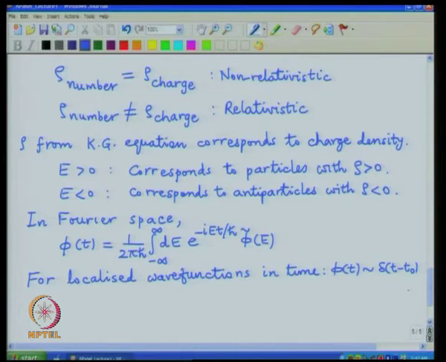If you want localized wave functions, you must cover the whole energy space, and so must deal with antiparticles. And this can also be looked at in position space.